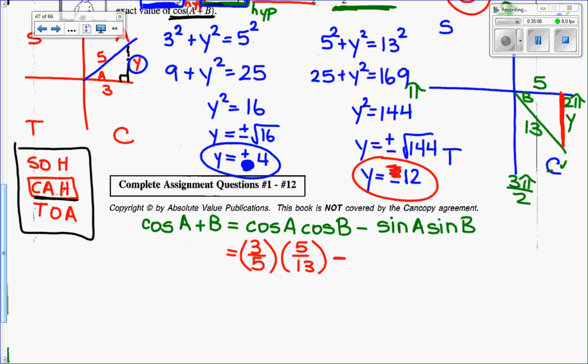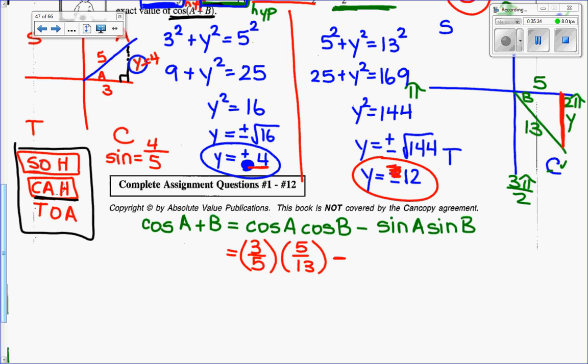Well, let's think for a minute. This side over here was our angle A. So we know that sine is opposite over hypotenuse. Now we know our y was 4, so now we can figure out what sine is. Opposite is 4 over hypotenuse, which is 5.